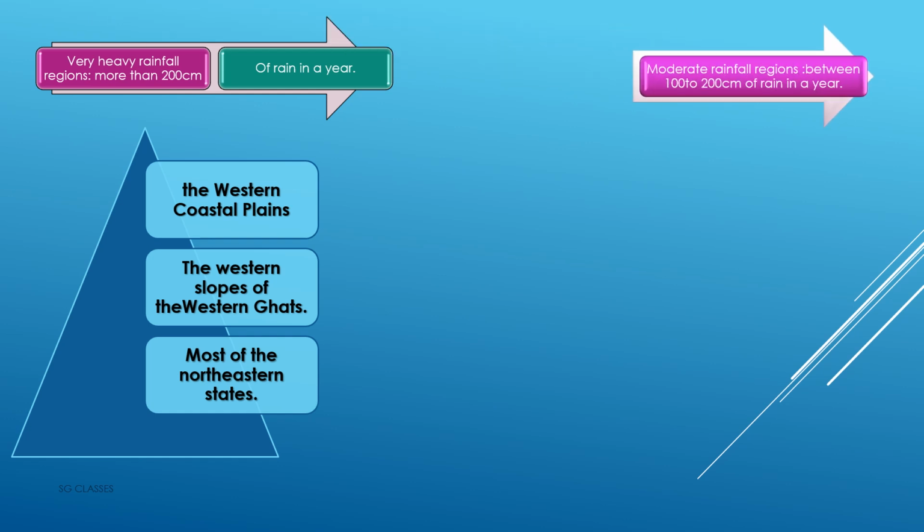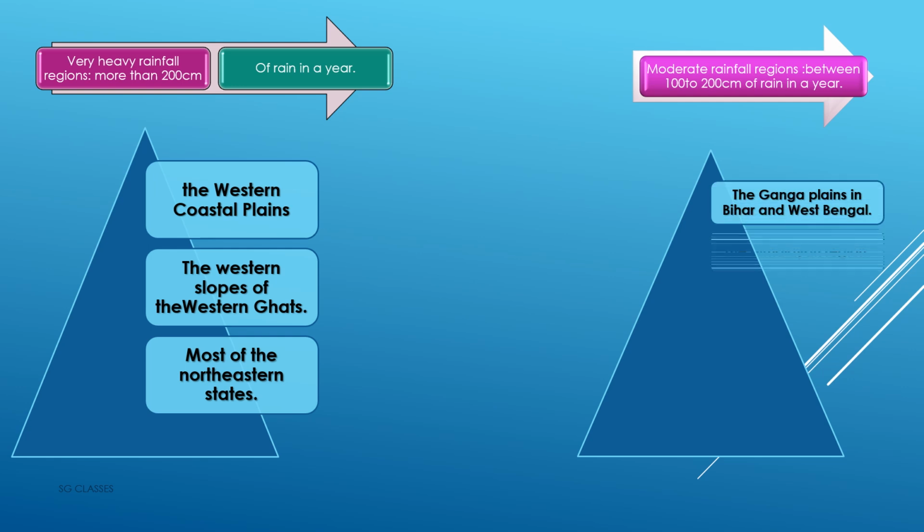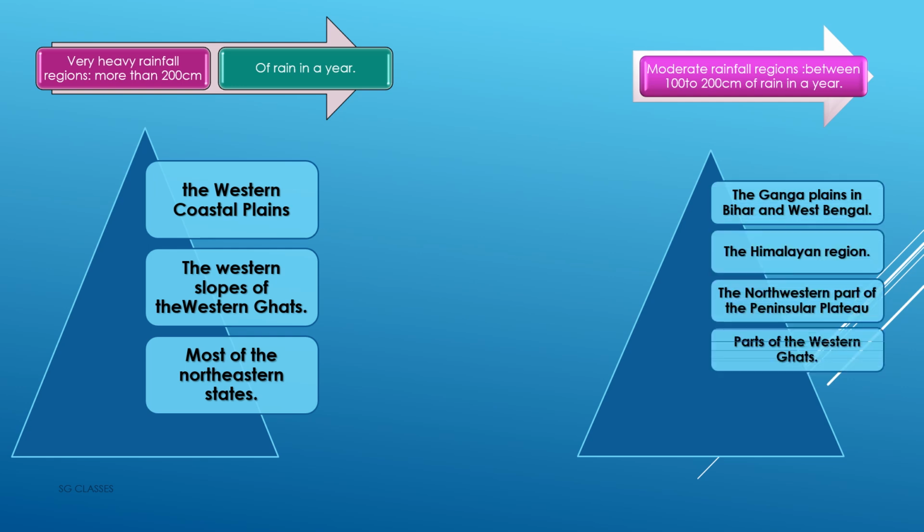Moderate rainfall is 100 to 200 centimeters. The southern parts of Tamil Nadu and the northern parts of Andhra Pradesh, the middle Ganga Valley, some parts of the Western Ghats, eastern Maharashtra, Madhya Pradesh and Orissa come under this category.